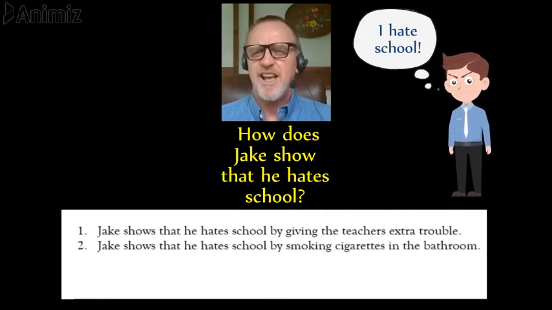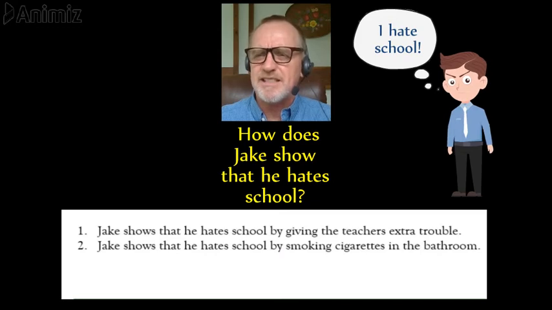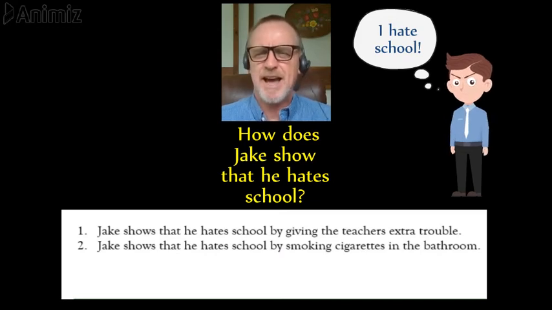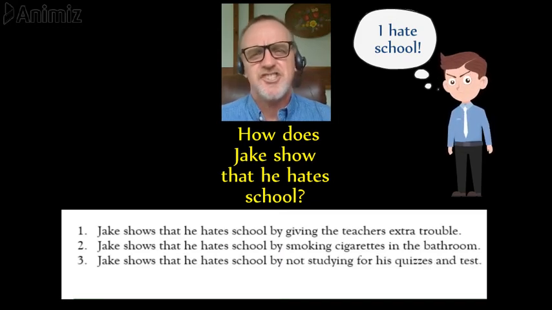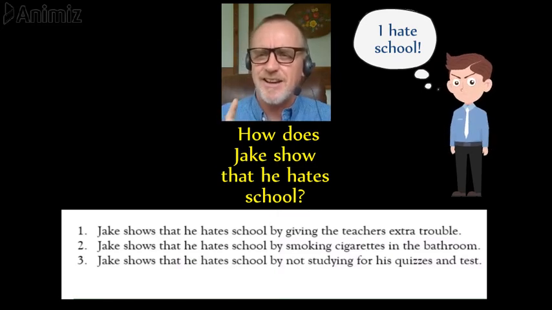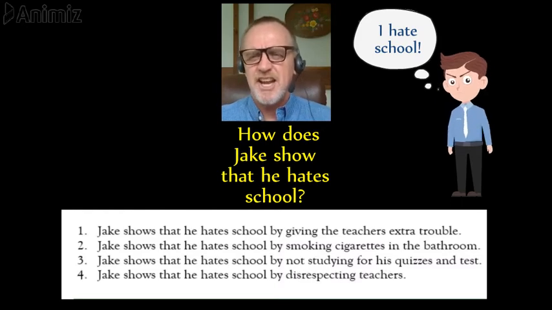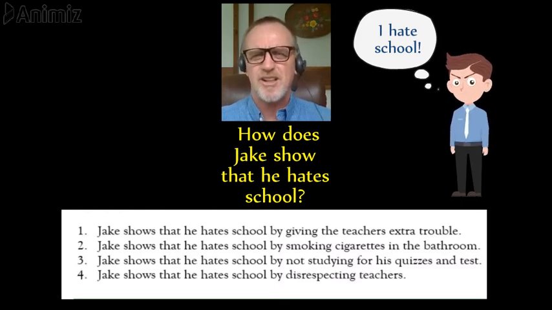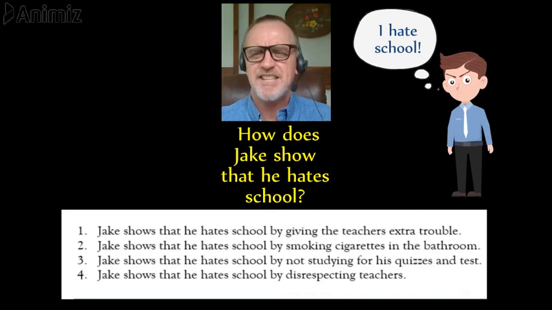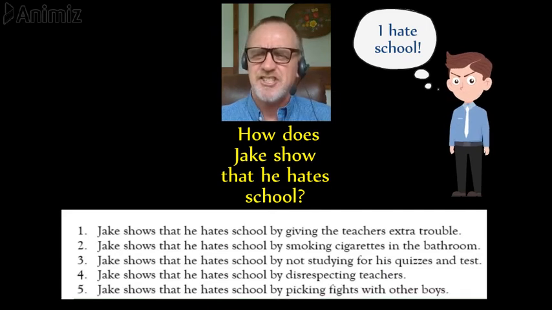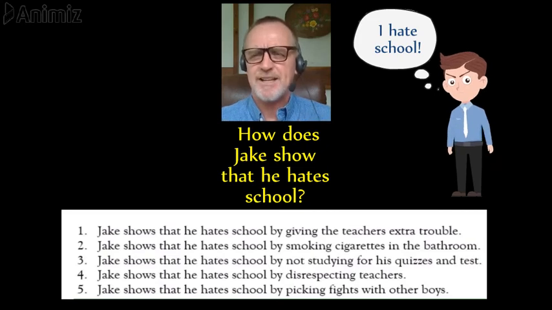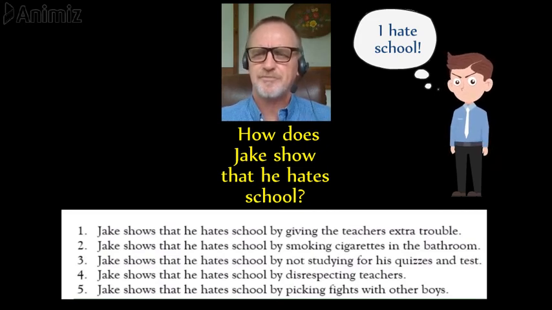Jake shows that he hates school by smoking cigarettes in the bathroom. Jake shows that he hates school by not studying for his quizzes and tests. Jake shows that he hates school by disrespecting teachers. Jake shows that he hates school by picking fights with other boys.